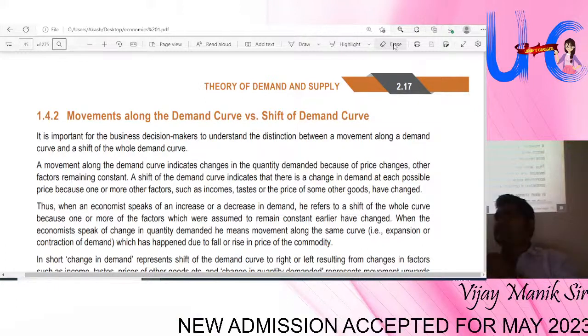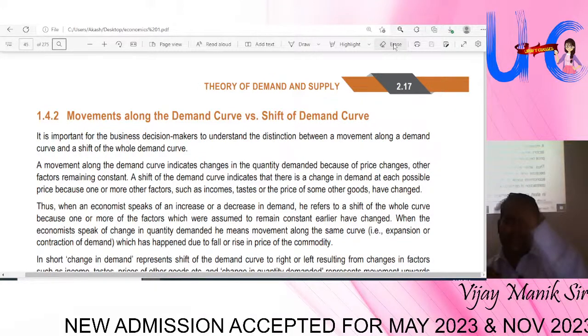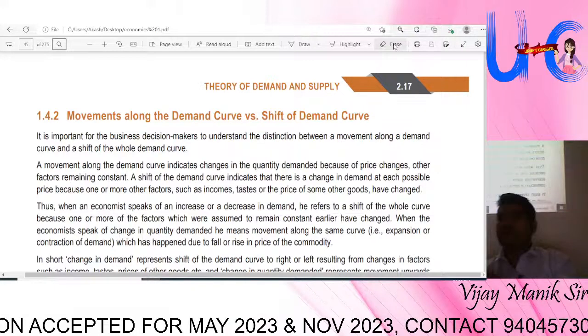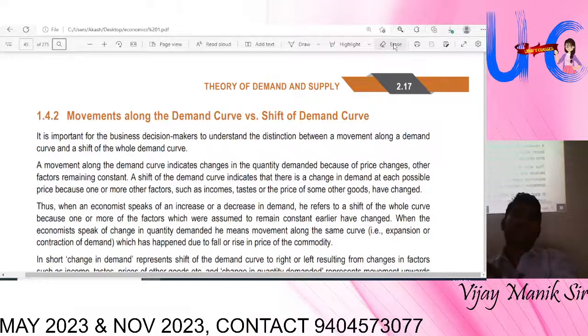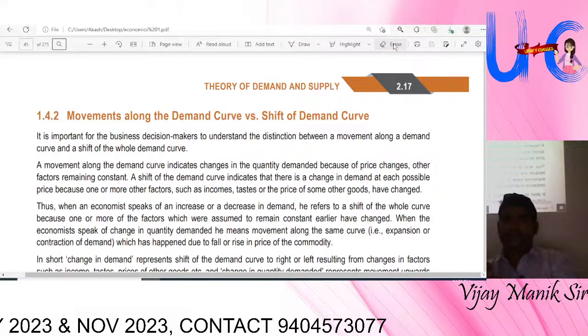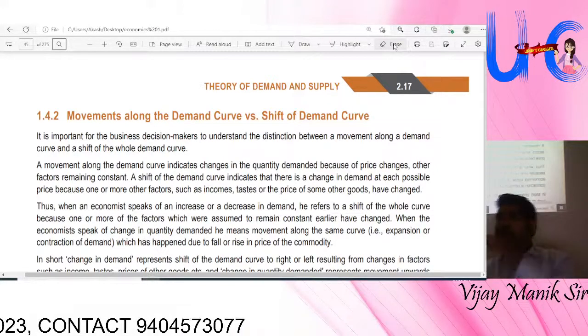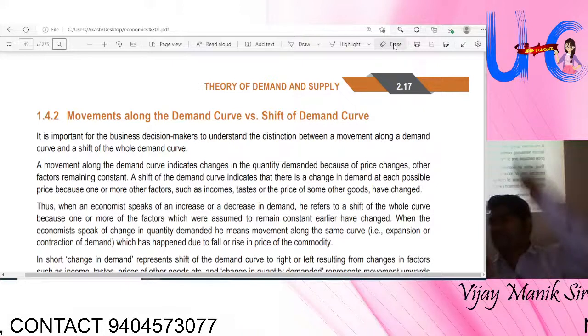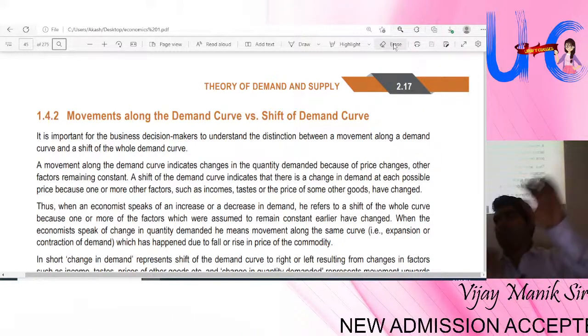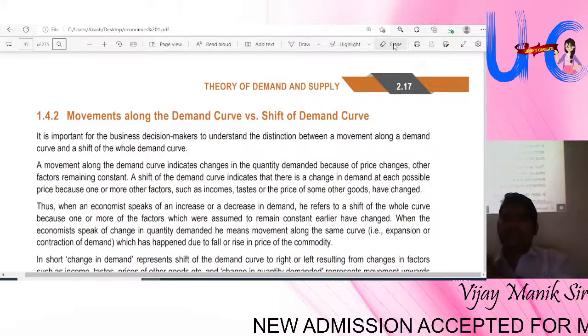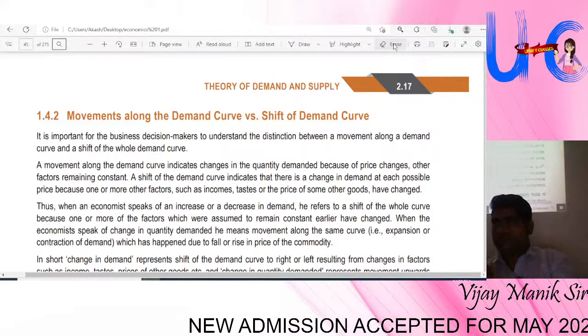Upward side means increase, downwards means decrease. A shift of the demand curve, any movement in that particular thing, is because of what? Because of the price. Suppose demand is increasing, means what? Ultimately the price will be decreased. So this is the movement in that demand curve. Understood?